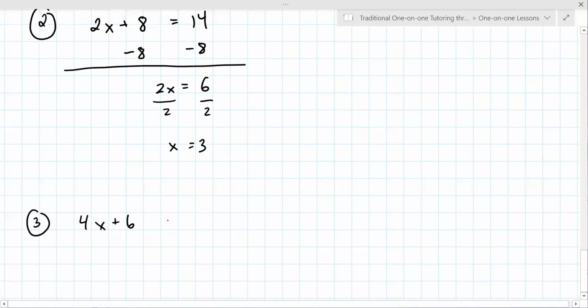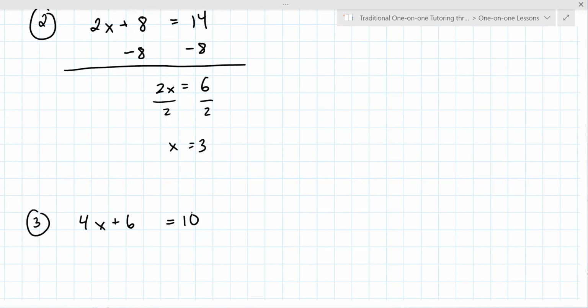Okay, so let's look at number 3. 4x plus 6 equals 10. Try solving this one on your own, please. It's x equals 1.